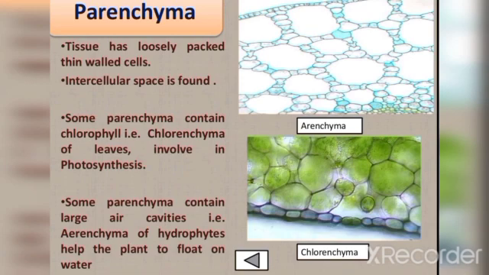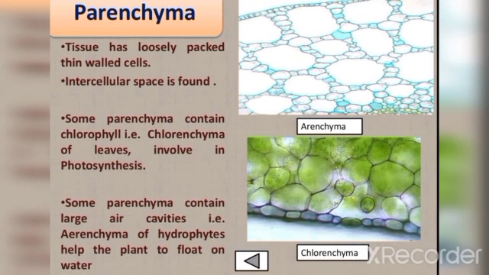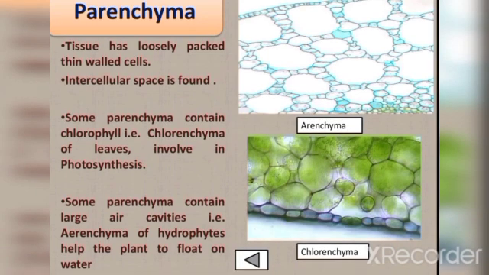The main function of parenchyma is the storage of food like starch in potato, and storage of waste material like gums. That is, the framework of all the plant organs is formed by parenchyma.